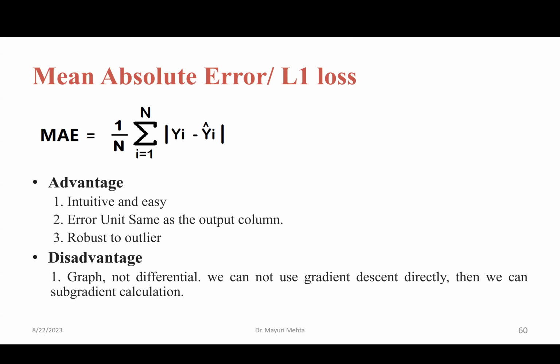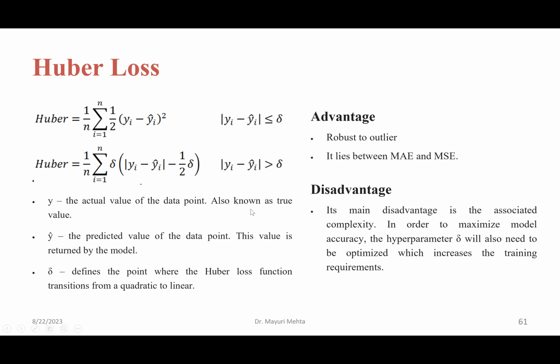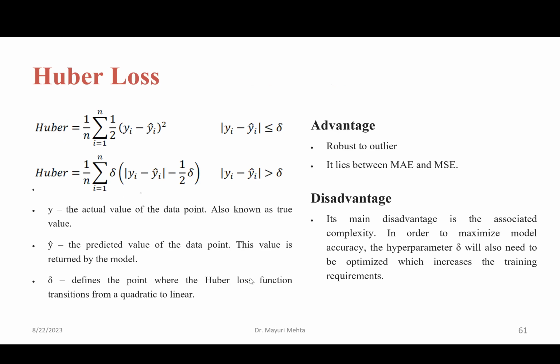Fine. Now if we move further, next we have Huber loss. Now what is this Huber loss? In statistics, Huber loss is a loss function used in robust regression that is less sensitive to outliers in data than the squared error loss.